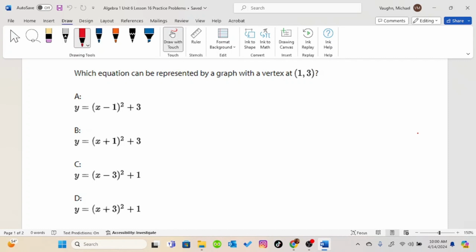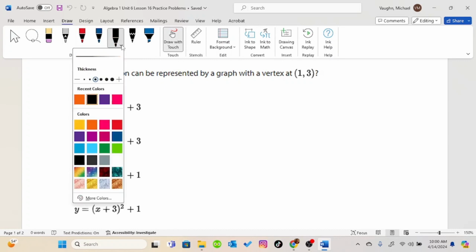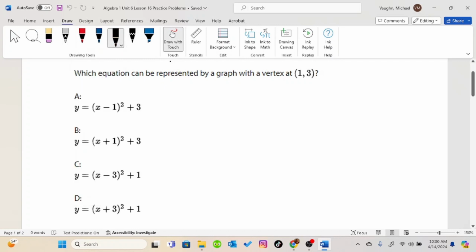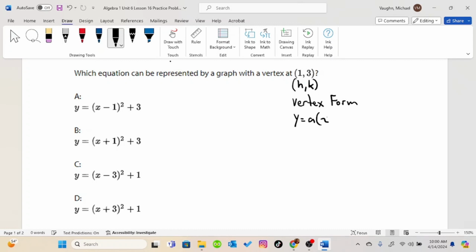So, what you need to remember on this problem is the vertex points are at (h, k). And the vertex form is y equals a times (x minus h) squared plus k.